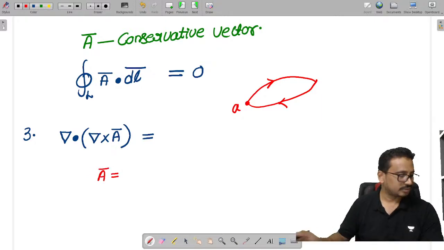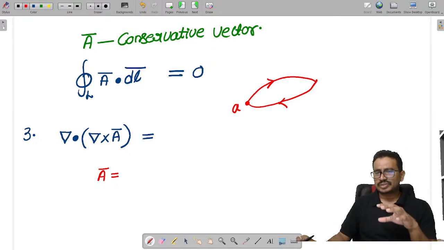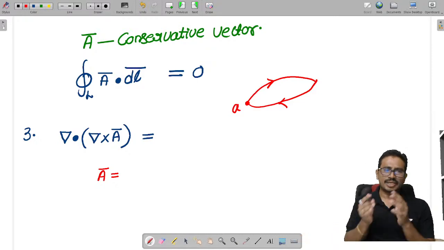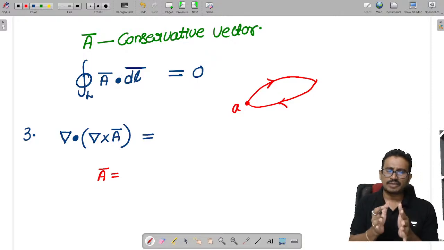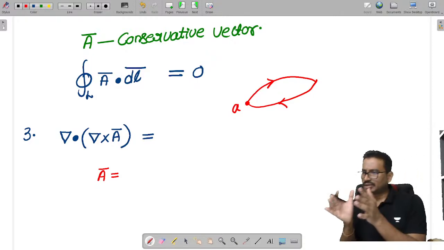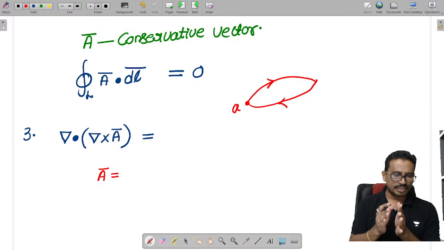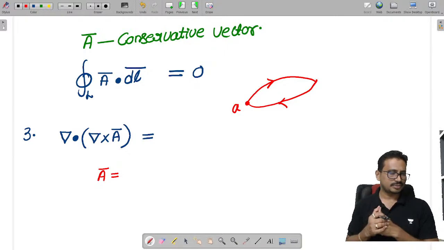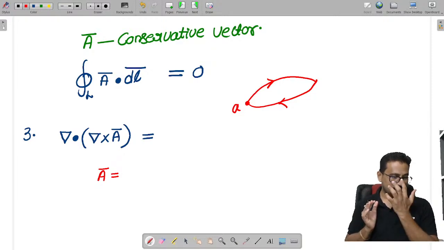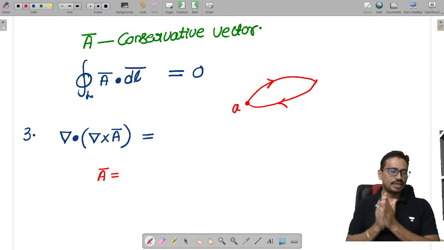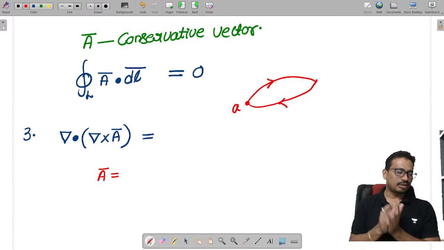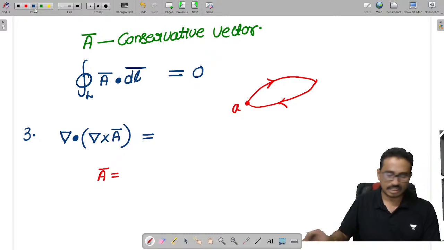Listen carefully. As we used to write, any function can be expressed as the sum of an even function and an odd function. Like in signals and systems, which we will study now, even signal and odd signal.